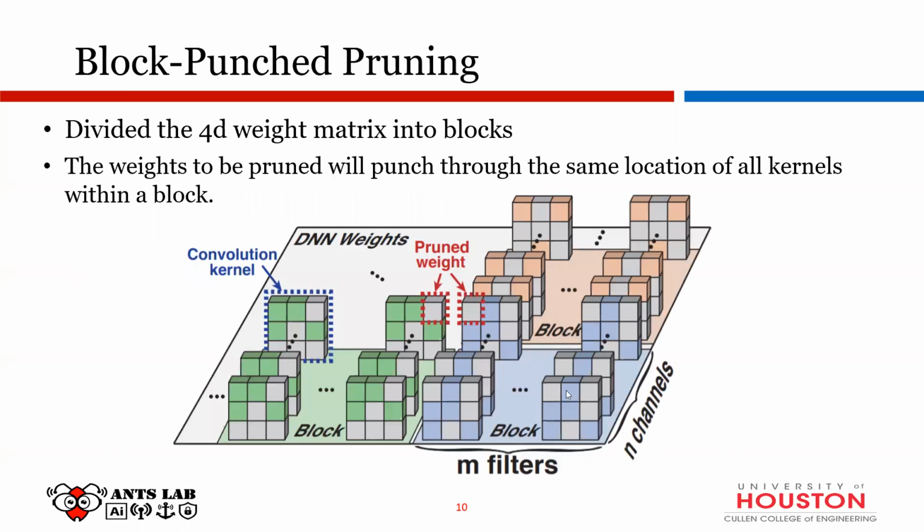For each of the channels within one filter, each kernel here, you need to multiply with the input feature map, and you need to sum the values for all the channels.